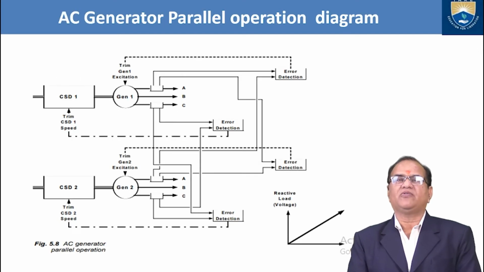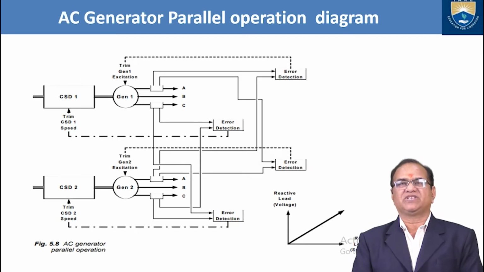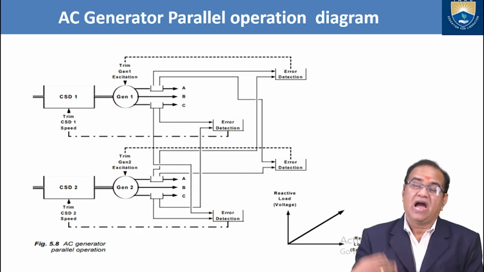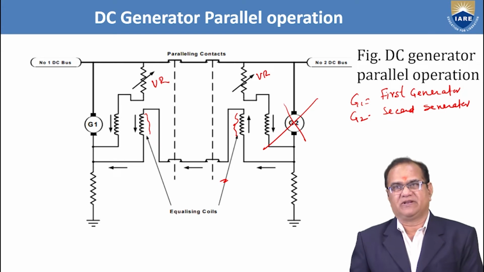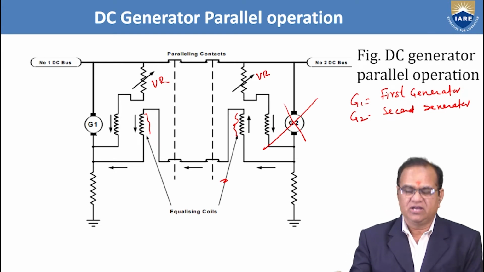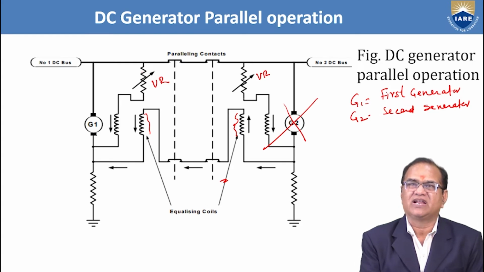Now I am talking about the AC generator parallel operation diagram. I have discussed the DC generator here. It is very simple. Here we have only one coil, called the equalizing coil, and the resistance voltage regulator. Only these things are here.